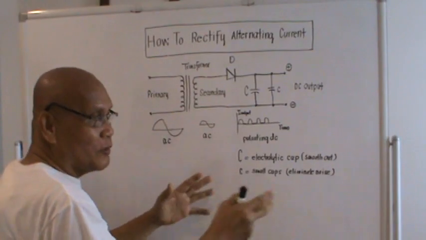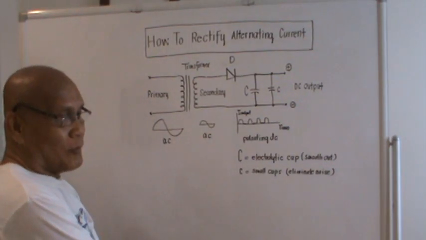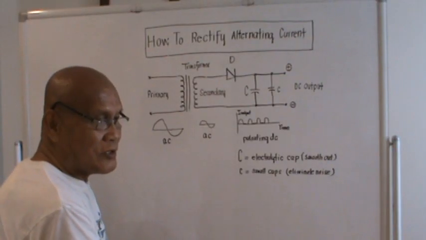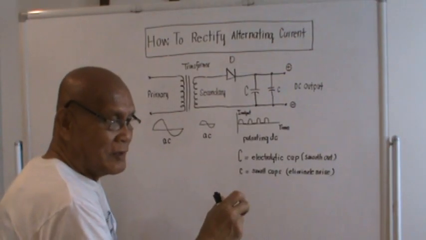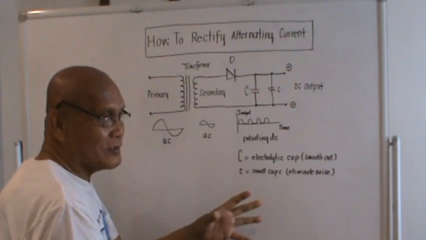It is smaller because the voltage needed for digital circuits is in the range of 5 volts, 3 volts, 9 volts, 6 volts, something like that.